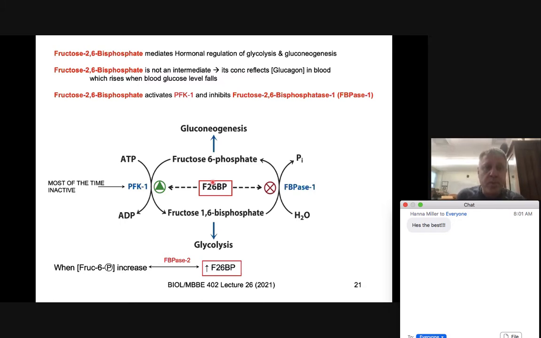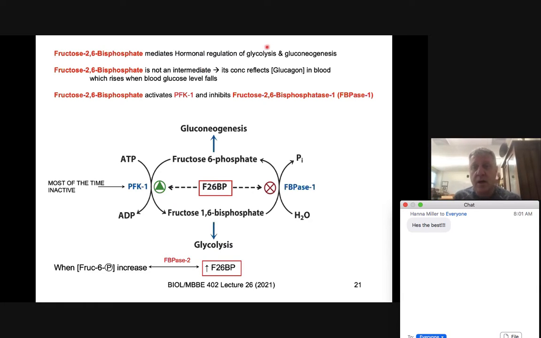So we have the fructose 2,6-bisphosphate, which is not an intermediate, but is a compound that is derived from the intermediates of the glycolytic pathway in regards to the reflection of the concentration of another hormone. Now, this is a peptide hormone, very similar to insulin, but has the opposite activity.